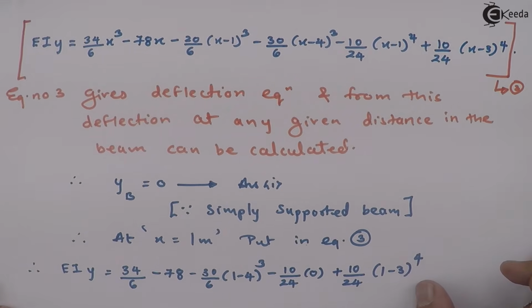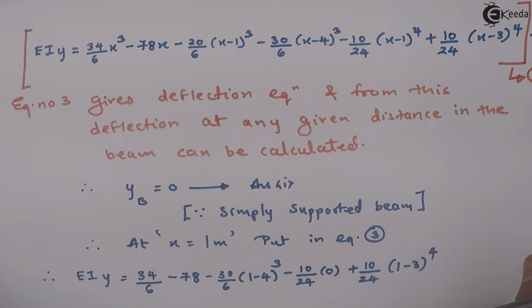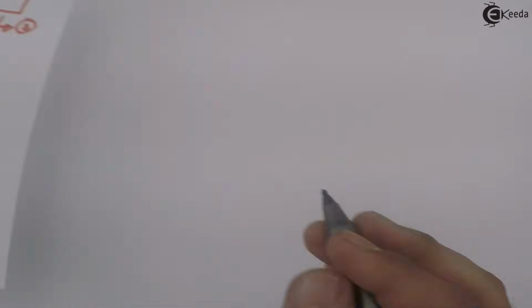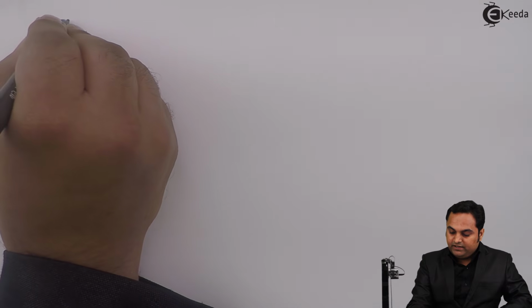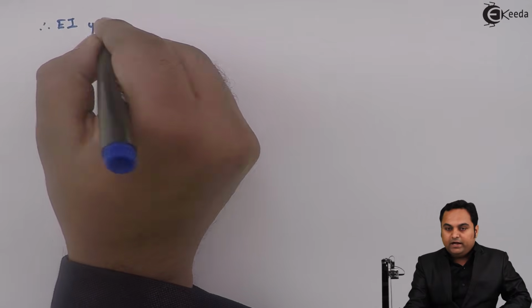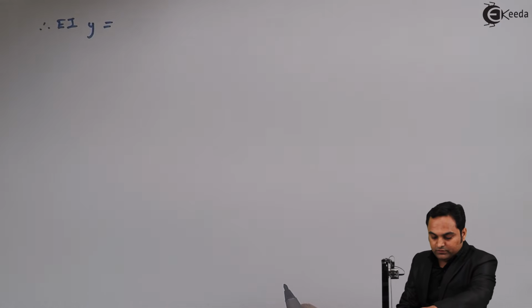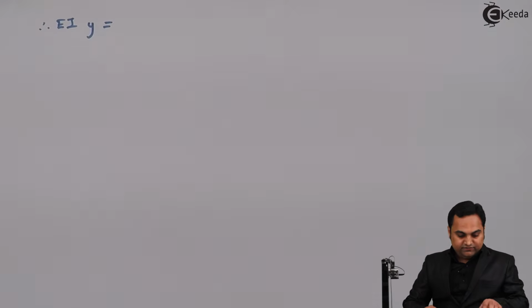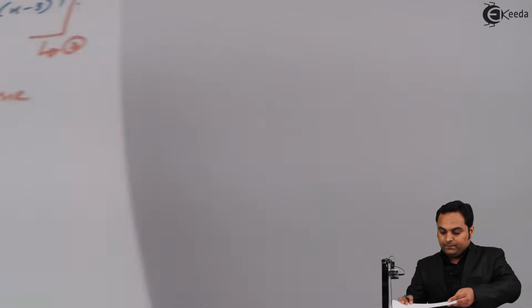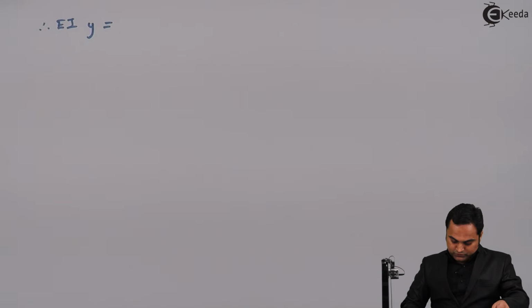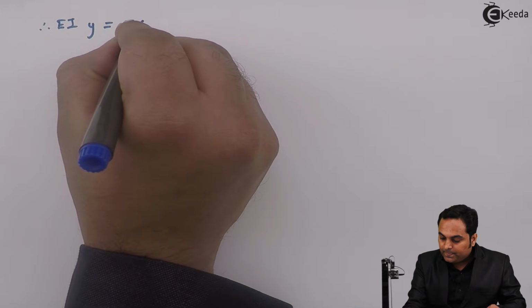Now on simplifying this, on calculation, here we have EI into y is equal to, the first term is 34 by 6, so that is 5.67.